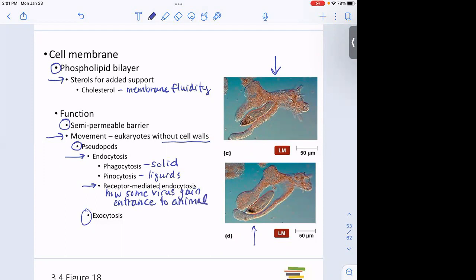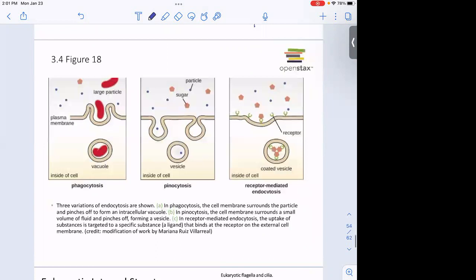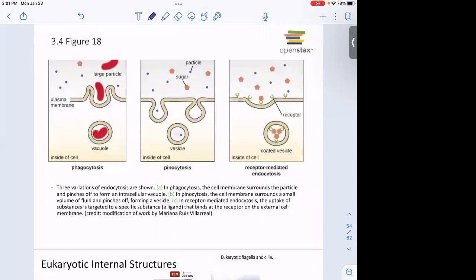It's kind of a way that they trick our cells into allowing them entrance. Okay, so here's, I kind of like your book's figure that talks about, again, the difference: phagocytosis, some large solid particle, maybe a bacterium or whatever, is ingested.